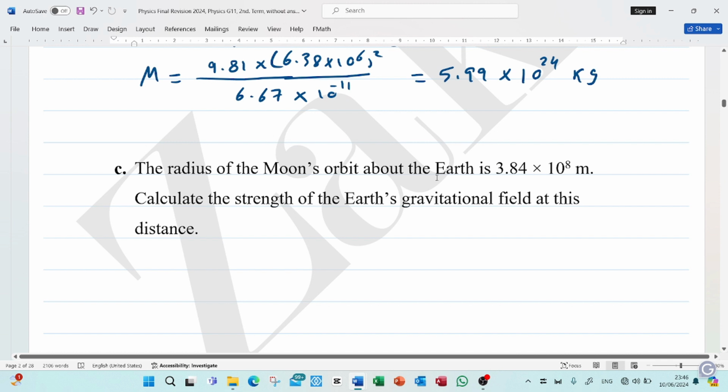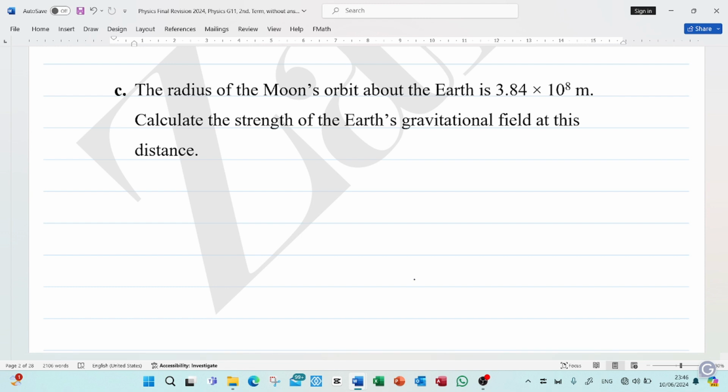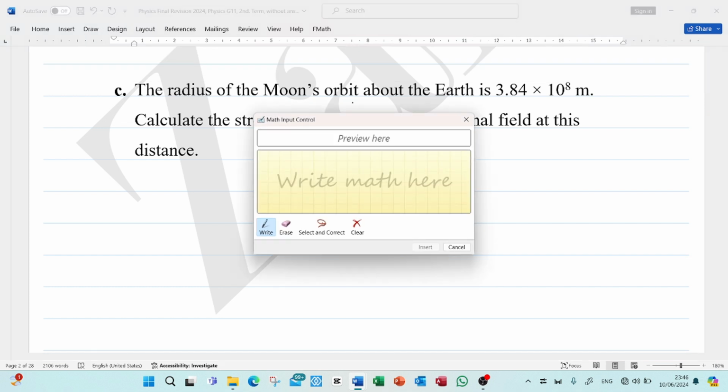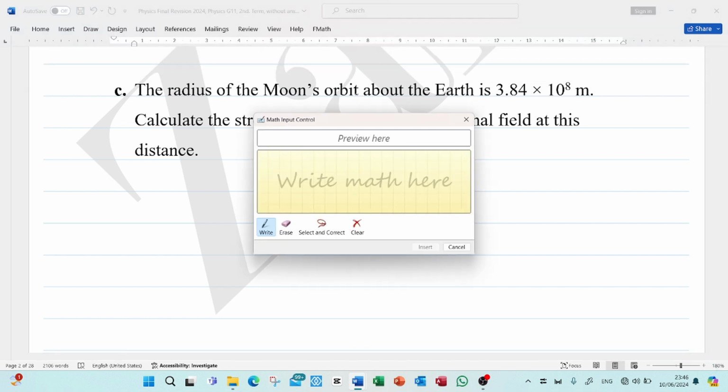Next part, he said the radius of the moon's orbit about the Earth is given, calculate the strength of Earth's gravitational field at this distance. Now, what do we have here? We have two objects.